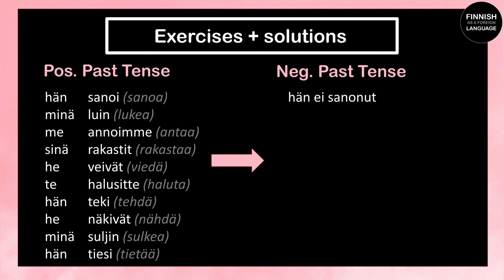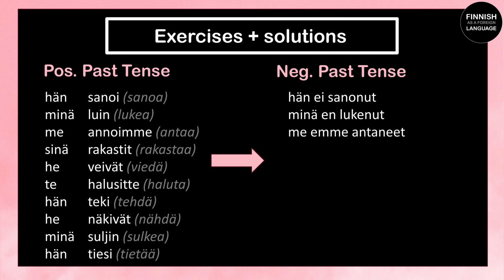Alright, next one. Minä luin means I read. The negative imperfect is... That's right, it's minä en lukenut. I didn't read. Next one. Me annoimme. We gave. The negative imperfect is... Very nice.